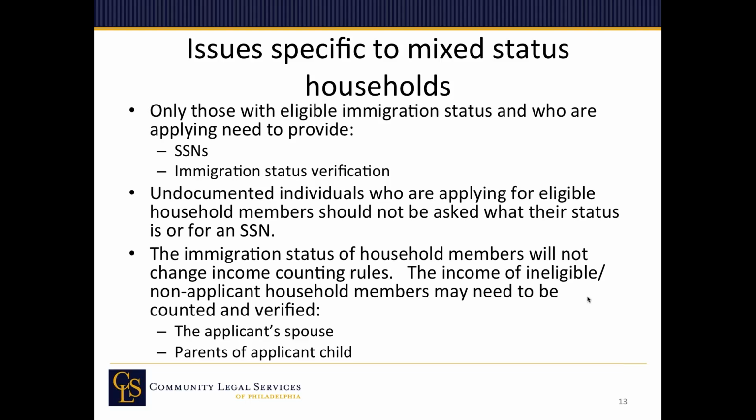Nobody else should be asked to do that. The immigration status of household members, though, will not change income counting rules, right? So the income of ineligible or non-applicant household members may still need to be counted and verified. And the two big examples of that are an applicant's spouse or the parents of an applicant child.